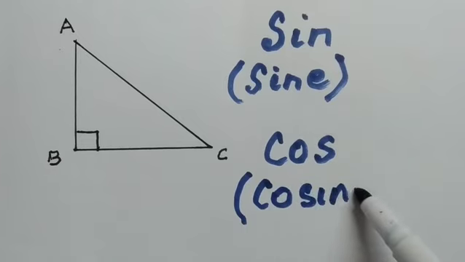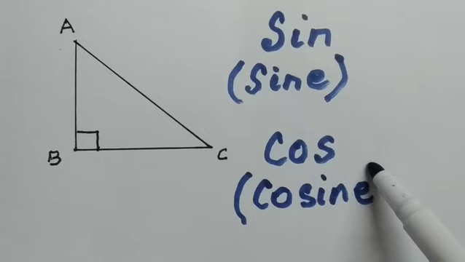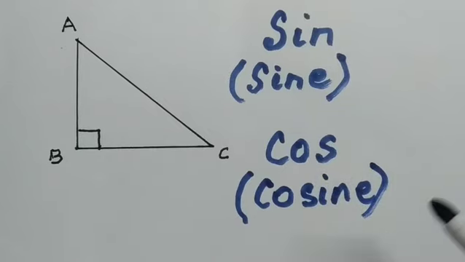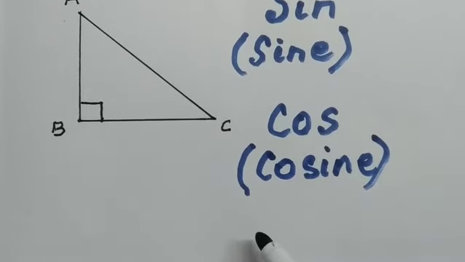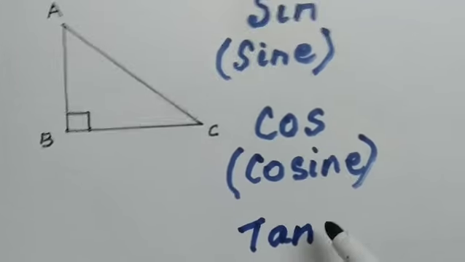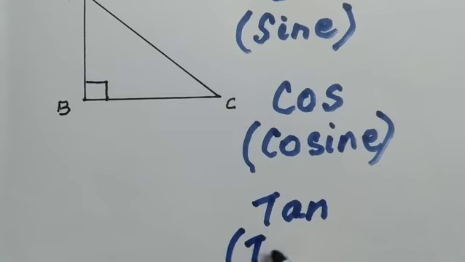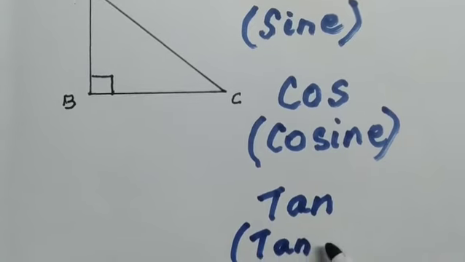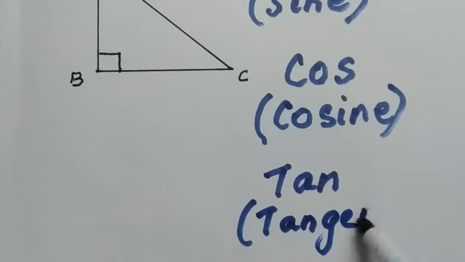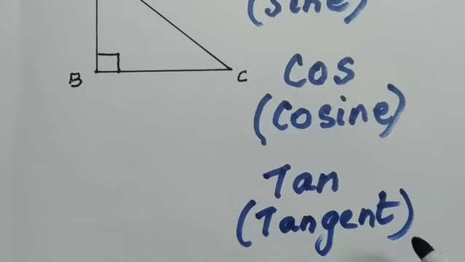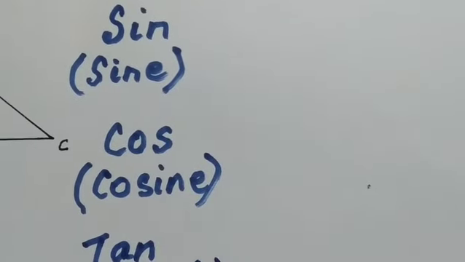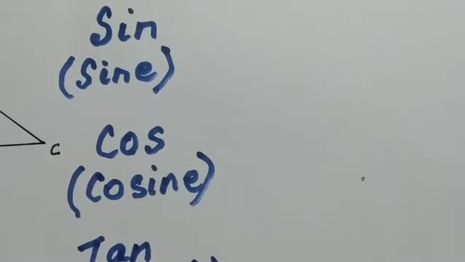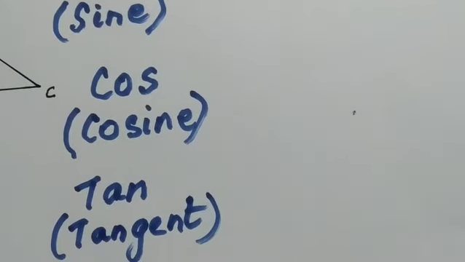So you will not see the word cosine most of the times. It will be mentioned as cos. And then we have tan, TAN, which is the short form for tangent. So we have the three fundamental trigonometric ratios: sine, cos, and tan.